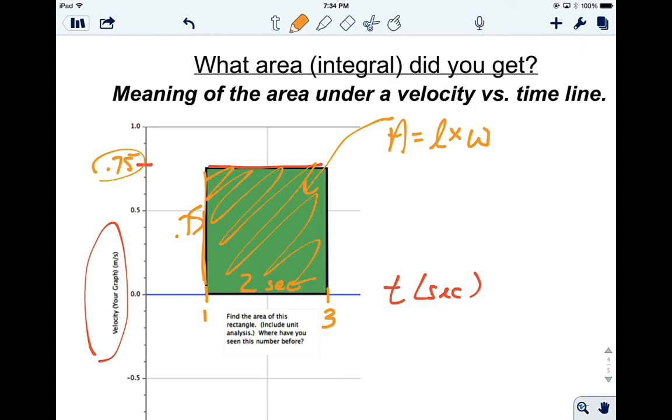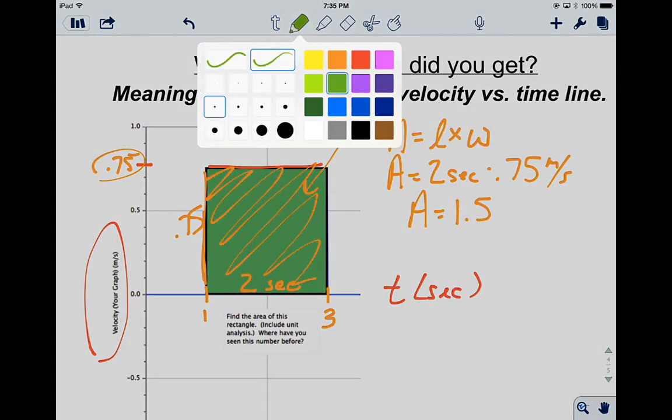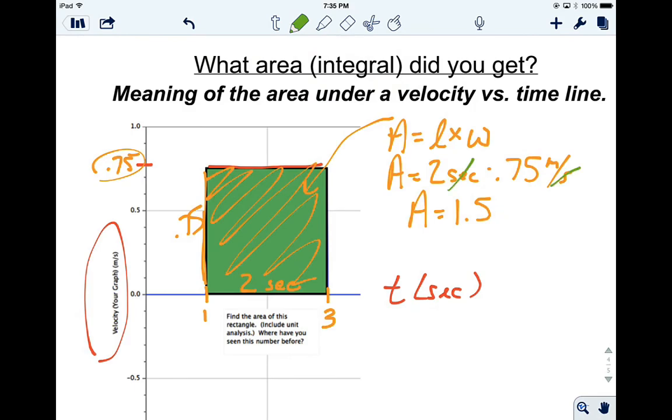Length times width. So my length is 2 seconds times my width of 0.75 meters per second. So my area is 2 times 0.75, or 1.5. My seconds cancel, so 1.5 meters.